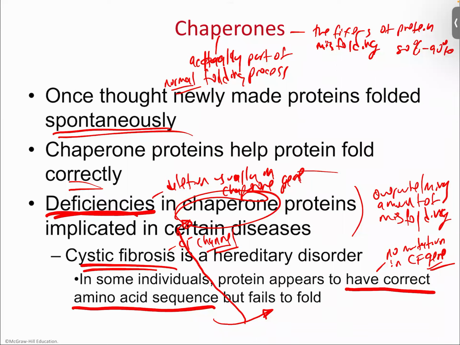If you're having to have a chaperone escort you through primary to secondary to tertiary and so forth, then if you lose your escort, you're lost, right? And that also proves that there's not sufficient information in the linear chain of amino acids itself in order to manage folding, which is the reason why you need chaperones.